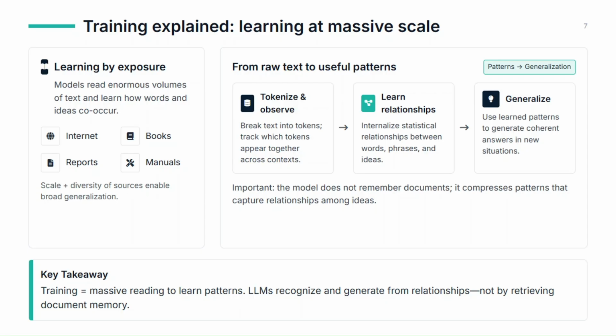Instead, it learns how language works at scale. This is why LLMs can generalize, explaining topics they have never seen word for word before. Think of it like learning language by reading millions of books, not memorizing pages, but understanding patterns.